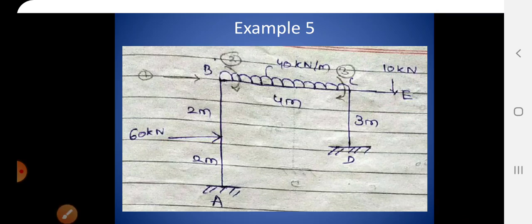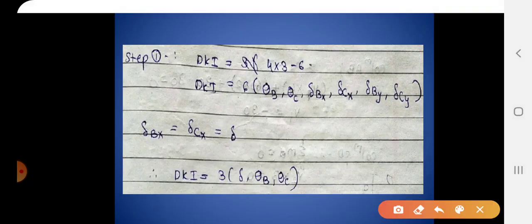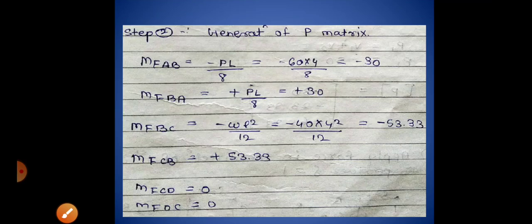Again, you know very well that DKI is equal to 6, and after neglecting axial deformation and taking delta B as delta CX as delta, you will get 3 DKI: delta, theta B and theta C. Now generate the P matrix.